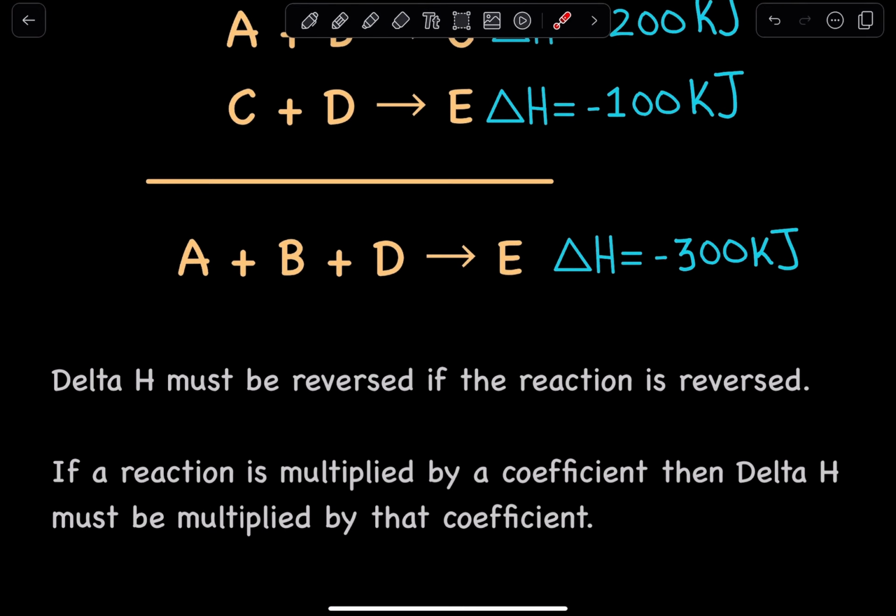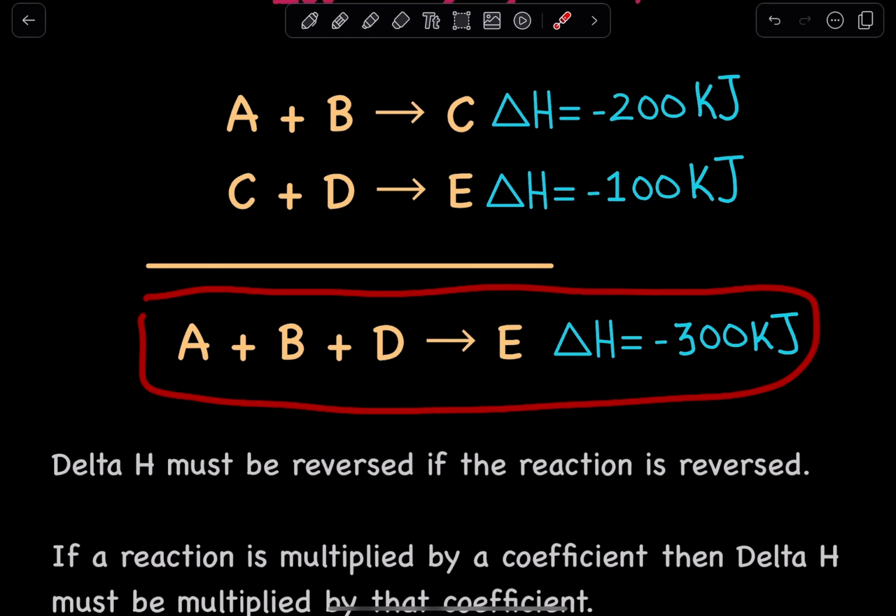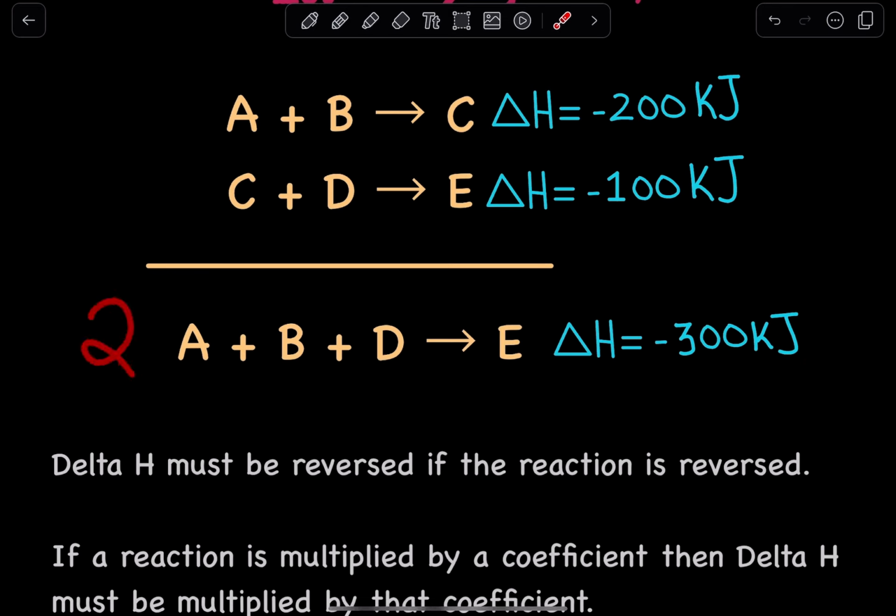Now, the second rule we have to keep in mind is that if a reaction is multiplied by a coefficient, then the delta H must also be multiplied by that coefficient. So if I was to take this overall reaction right over here and multiply it by 2, then this enthalpy value must also be multiplied by 2.